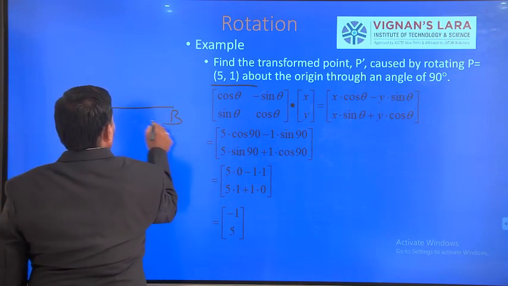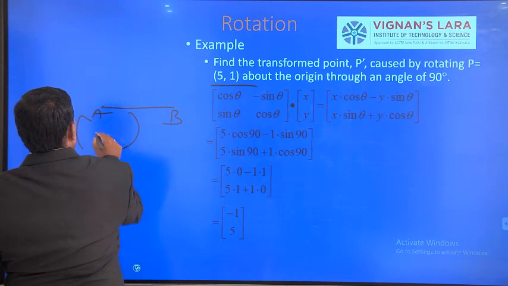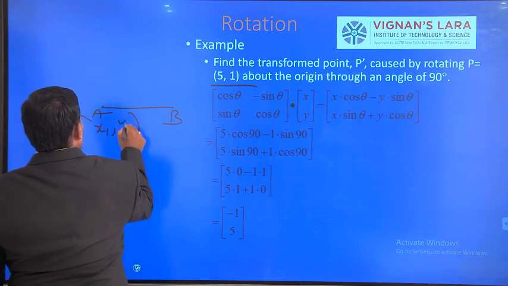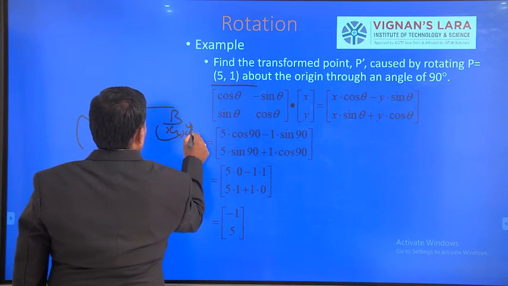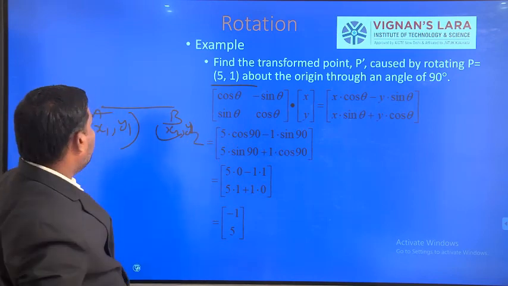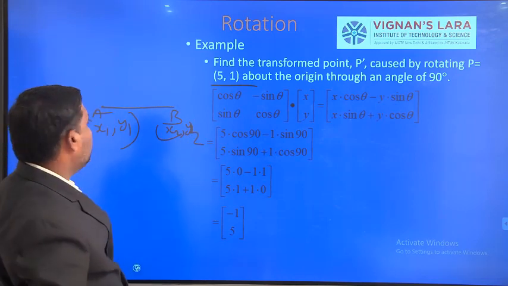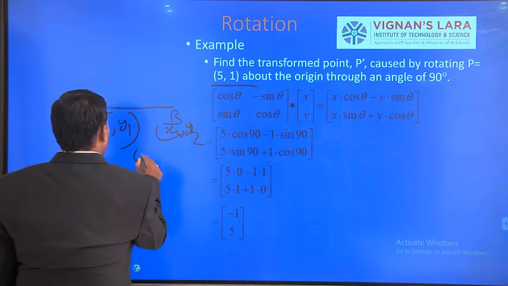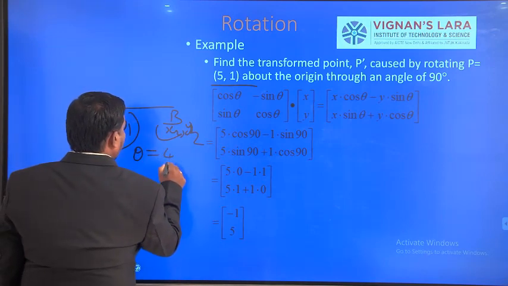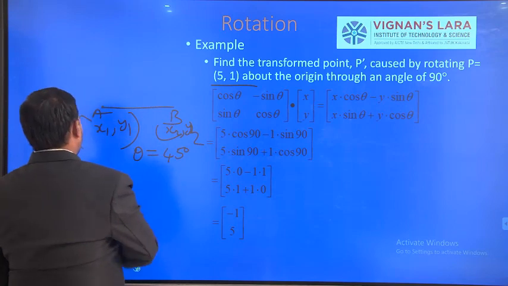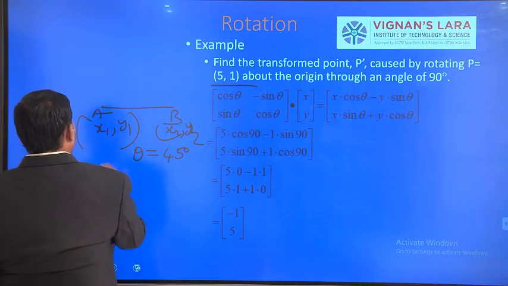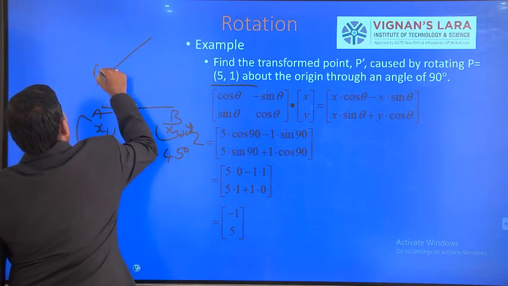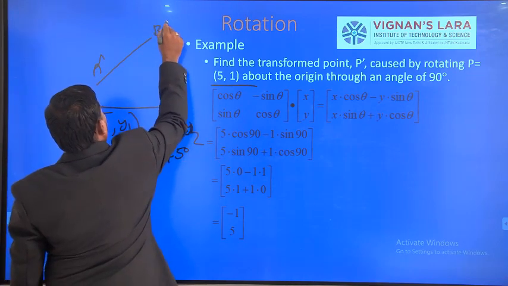The initial position is AB, where A is x1, y1 and B is x2, y2. I want to rotate this AB straight line about the origin through an angle theta equal to 45 degrees. So how do we solve this for the final A dash B dash?